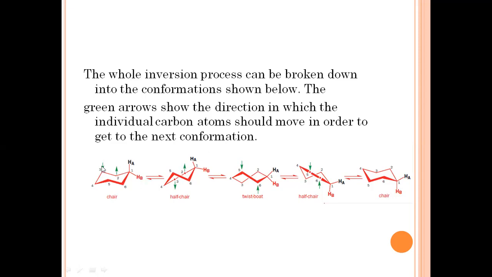So this carbon is moving downward and the second carbon atom is moving upward. So it is going to twist the chair conformation, and it is converted into a half chair conformation.